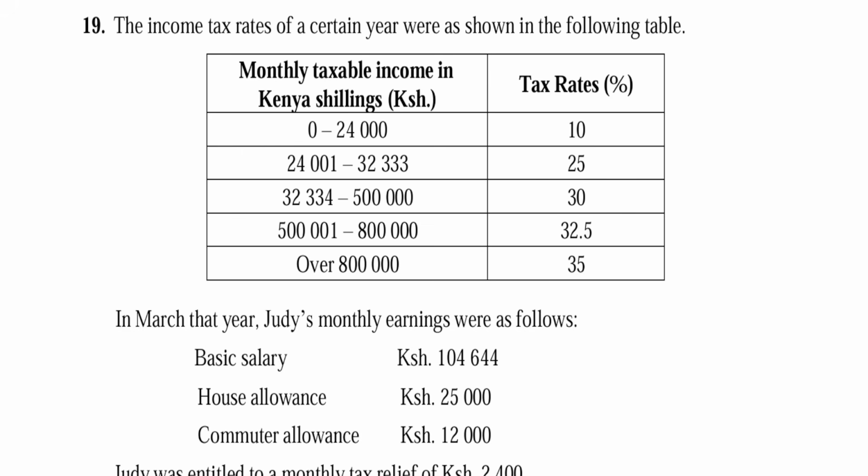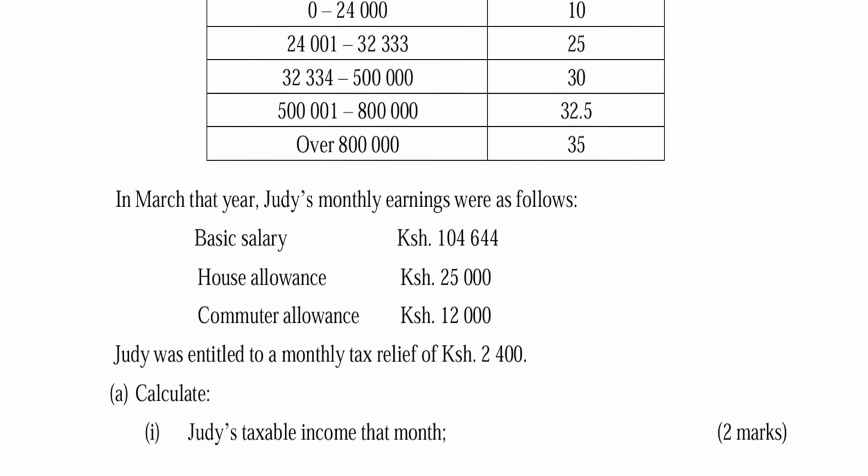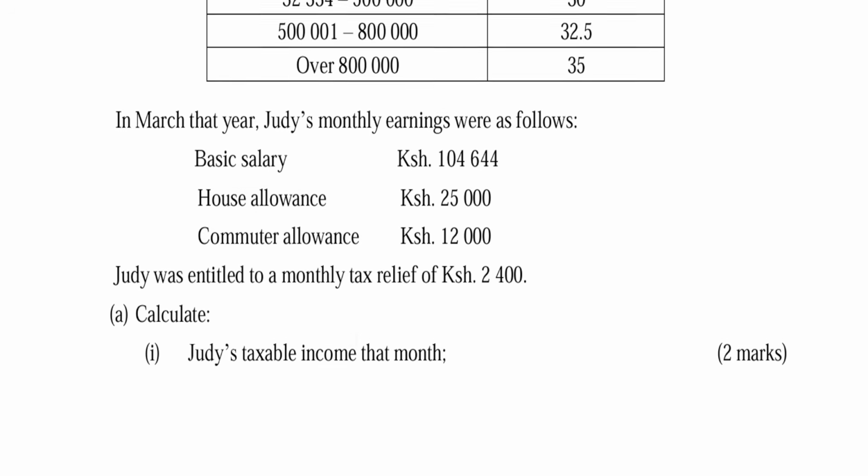So we have like at least 5 slabs till 800,000. We have also amounts of over 800,000 shillings. But coincidentally, I don't know who makes 800,000 shillings in a month. If it's a businessman, maybe. But if someone who's earning salary, I don't think so.